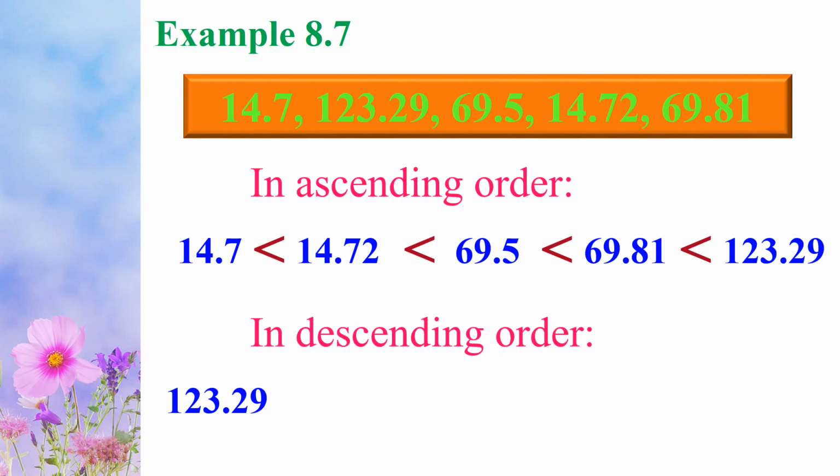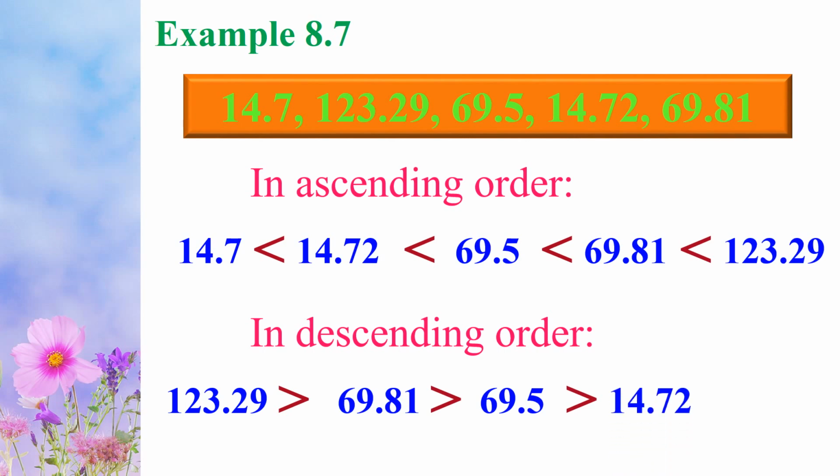Next, by comparing whole number parts, the next largest decimal is 69.81. Then 69.5. The next decimal is 14.72. The last, smallest decimal is 14.7.